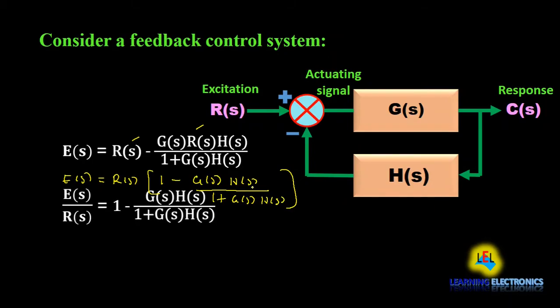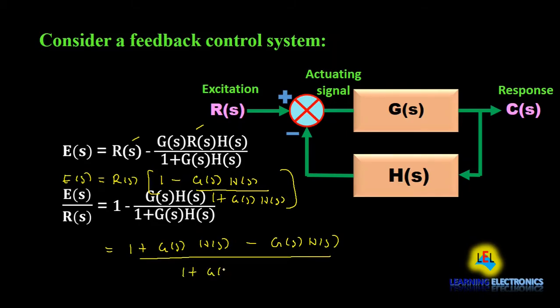From this equation we get E(s)/R(s) is equal to 1 minus G(s)H(s), whole divided by 1 plus G(s)H(s). When we take the LCM, we get 1 plus G(s)H(s) minus G(s)H(s), whole divided by 1 plus G(s)H(s).